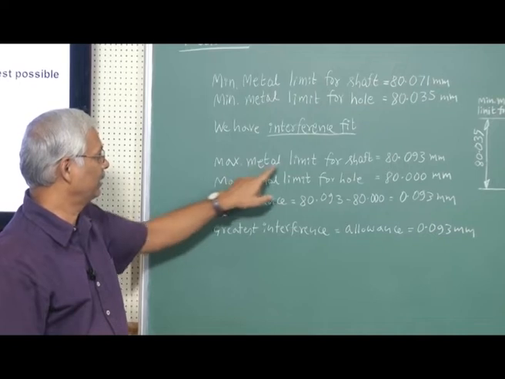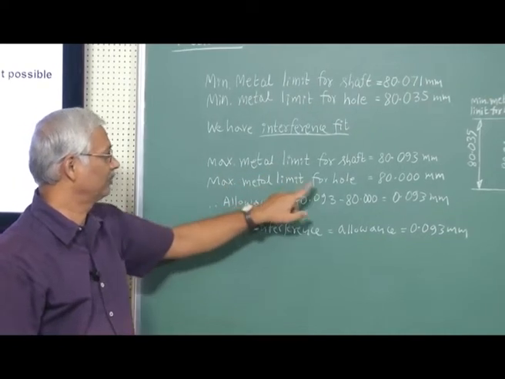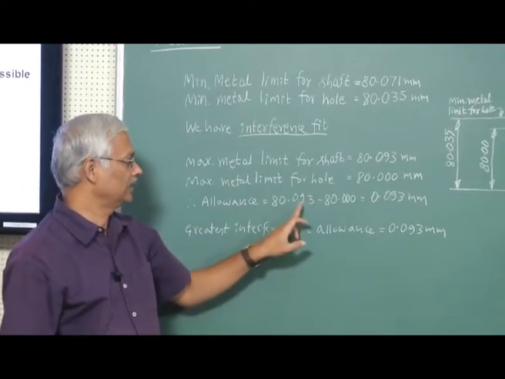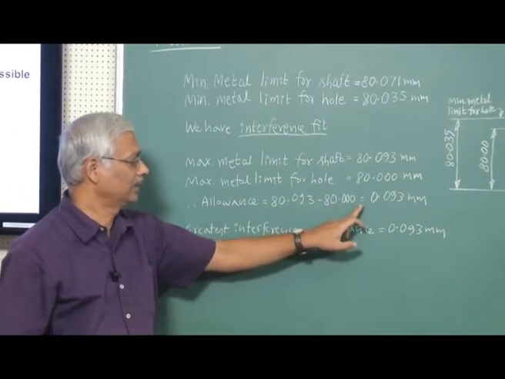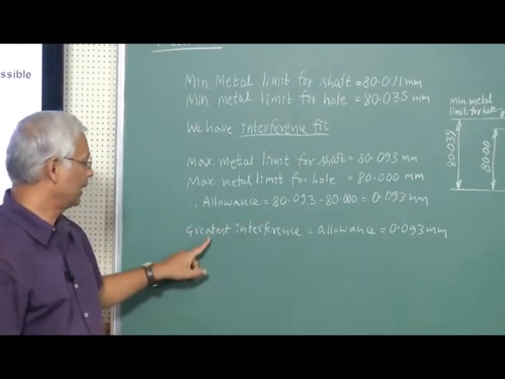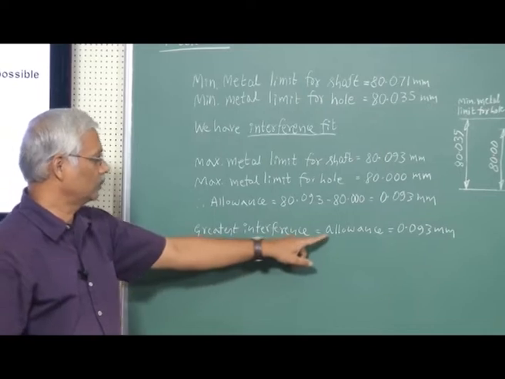The difference between the maximum metal limit for the shaft and the maximum metal limit for the hole is 80.093 millimeter minus 80 millimeter, which is equal to 0.093 millimeter, and then the greatest interference is equal to the allowance.